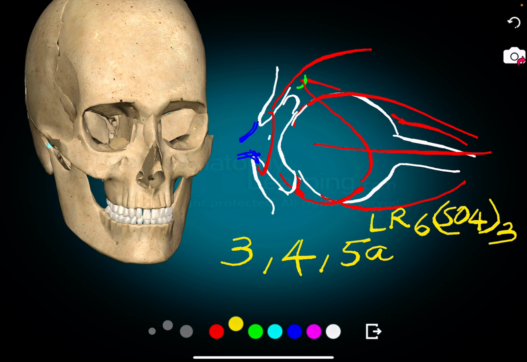Entering through the superior orbital fissure, it divides into lacrimal, frontal, and nasociliary. The nasociliary gets into the nose passing through the anterior and posterior ethmoidal foramen, then through the cribriform plate into the nose. So the anterior and posterior ethmoidal branches of the nasociliary.